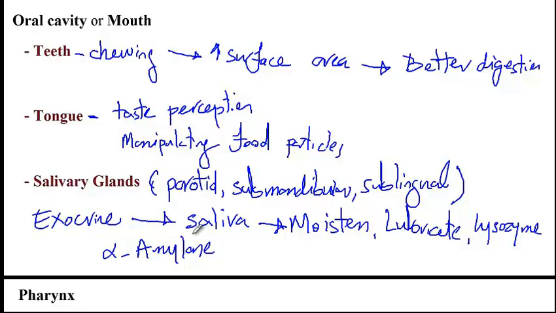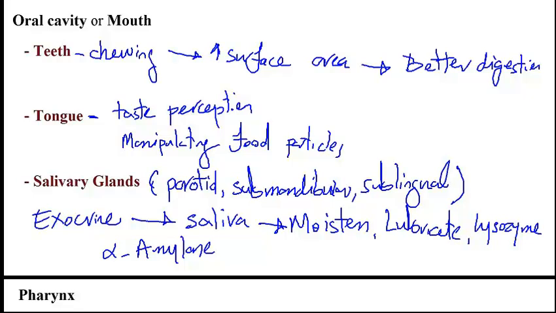So if you want an actual live example of alpha amylase breaking down these sugar molecules, try chewing on a small piece of bread for about 1 minute. You will notice that after 30 seconds or so, you're starting to notice a sweet taste to that piece of bread. And that is because alpha amylase is breaking down those sugar molecules into glucose. All right.